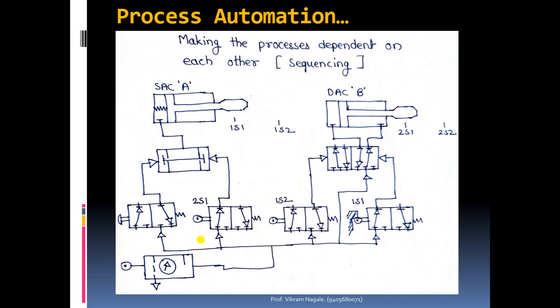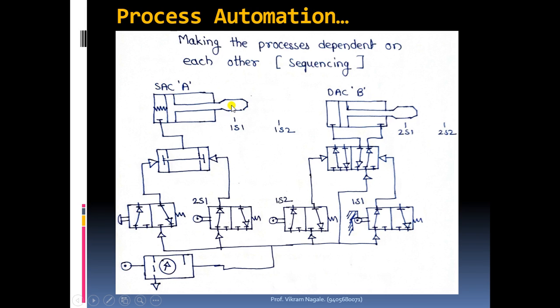So now the objective is to sequence the two processes. We have one single acting cylinder, which we are naming cylinder A, and one double acting cylinder, that is cylinder B. Our target is to extend the first cylinder, that is the single acting cylinder, and after extension of the first cylinder we have to extend the other cylinder.